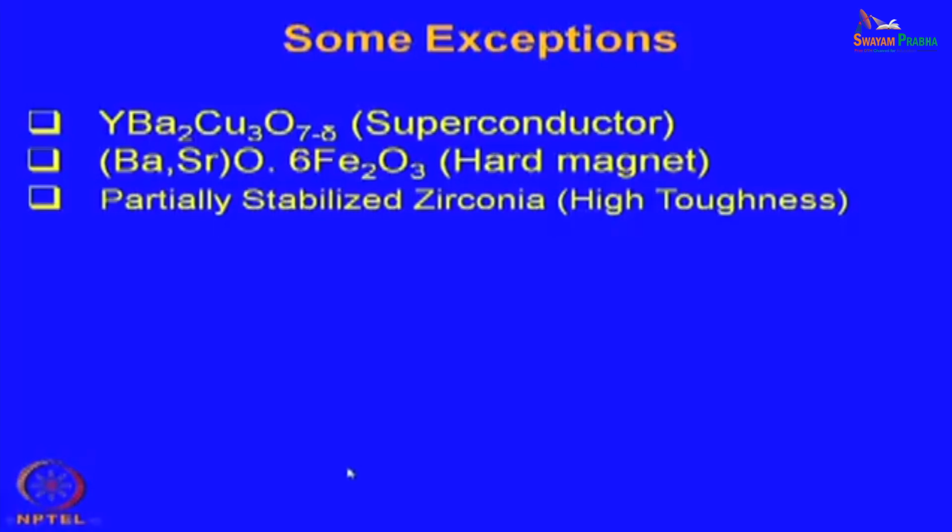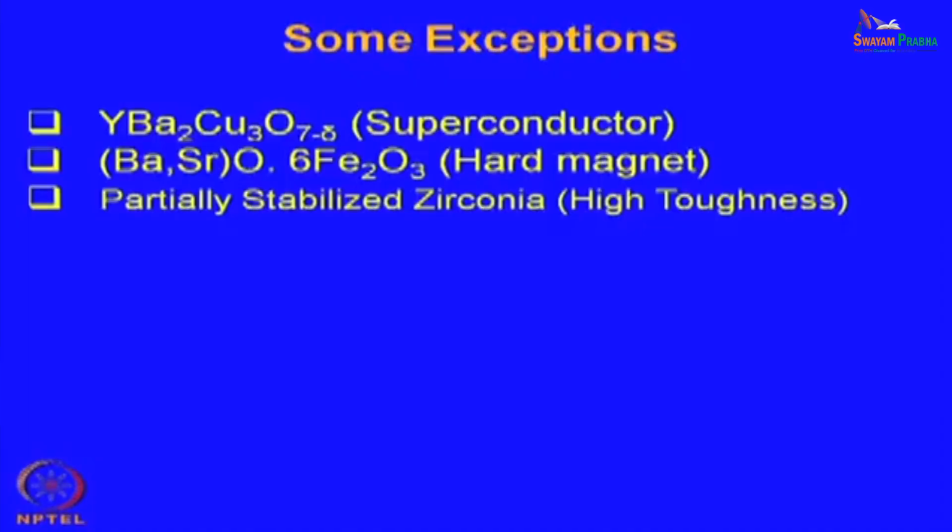It is called partially stabilized because it has a combination of monoclinic or tetragonal and cubic phases. Therefore, it is not fully stabilized. In the fully stabilized condition, it is completely cubic phase or cubic structure, whereas when it is partially cubic and partially tetragonal or monoclinic, then it is called partially stabilized zirconia.